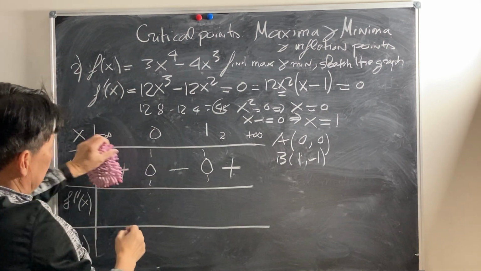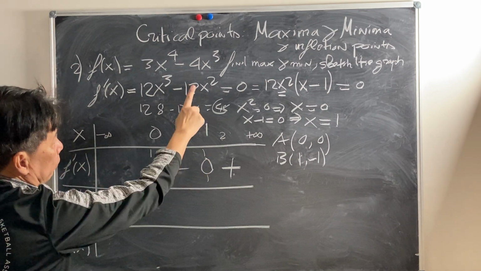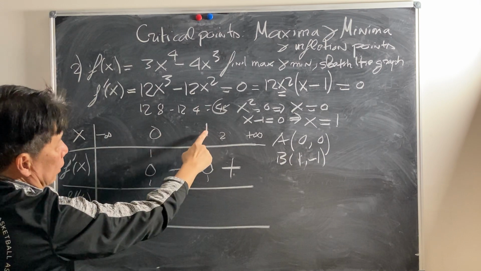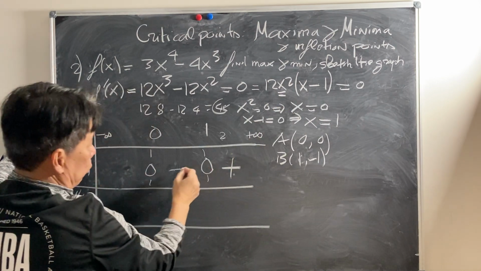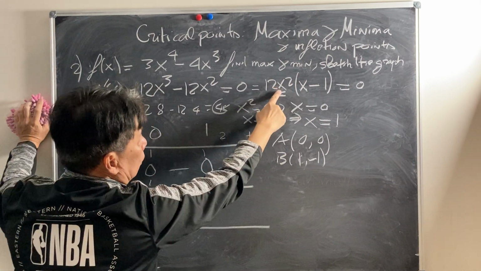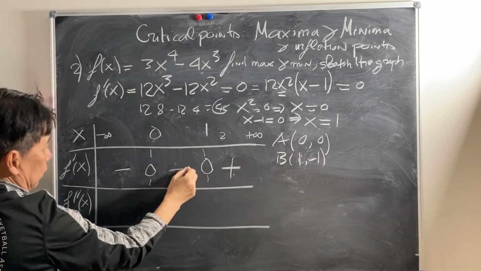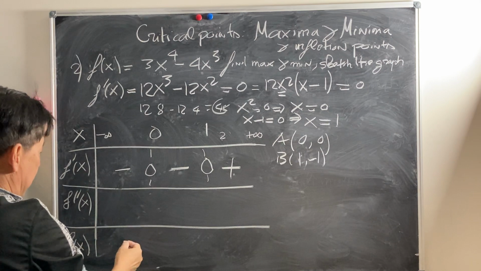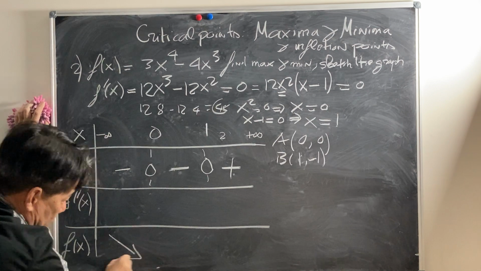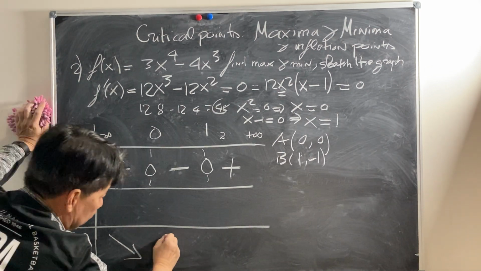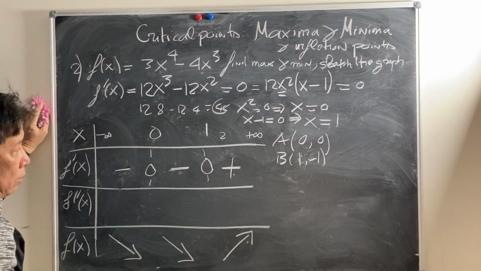Okay, 1 is only a single root of this equation, so the sign will change, but 0 is a double root, 12x squared, so the sign doesn't change. So it stays negative right here, negative to negative, so the arrow goes down, and the positive goes up.